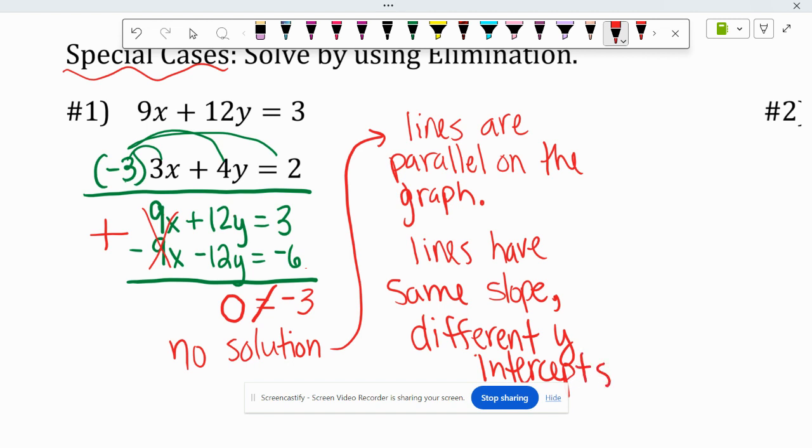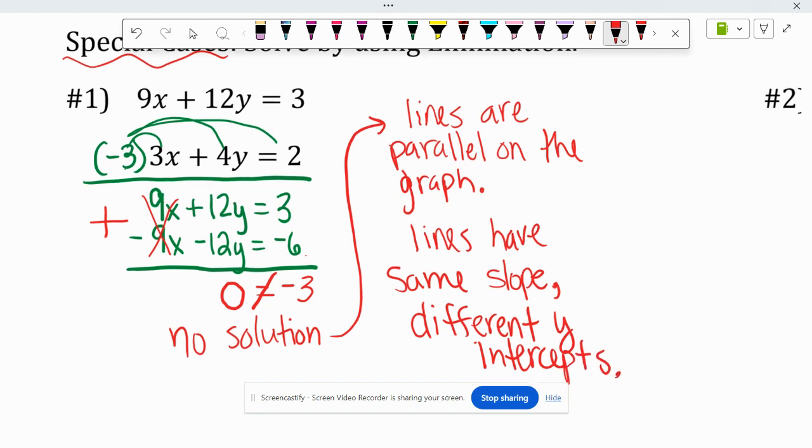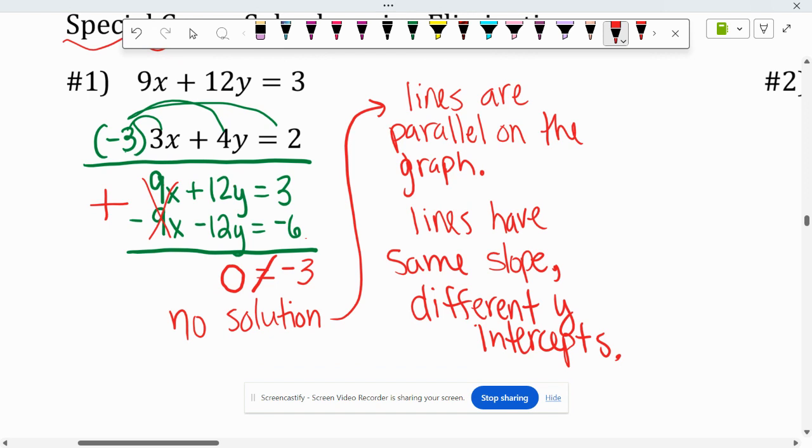So not every system is solvable, and we learned that from when we graphed. We saw that when we graphed systems of equations, sometimes we ended up with parallel lines, okay? So today we're going to talk about the special cases.